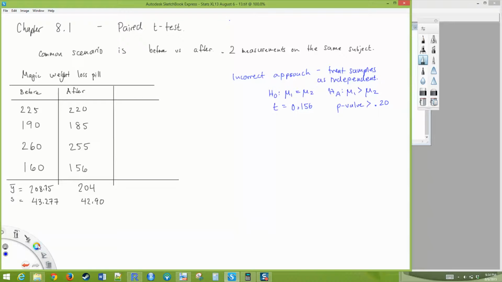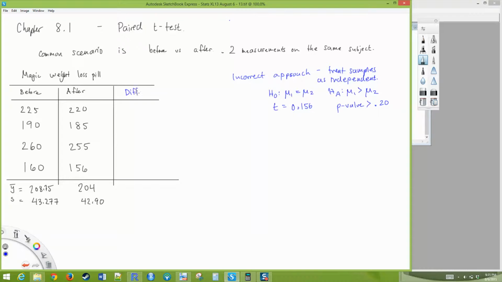If we look at the numbers, it actually seems like you take the pill, you lose about 5 pounds. We don't know what's happening, but at least with this data, the 4 people who took the pill all lost about 4 or 5 pounds. So it seems like the pill actually works. What we need to take into account is the individual starting weights.